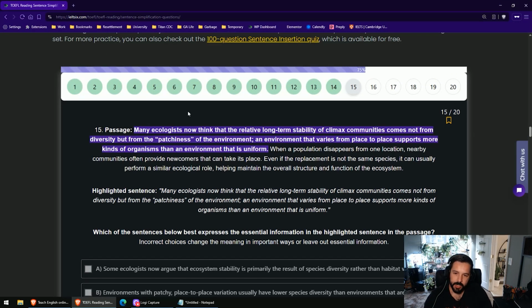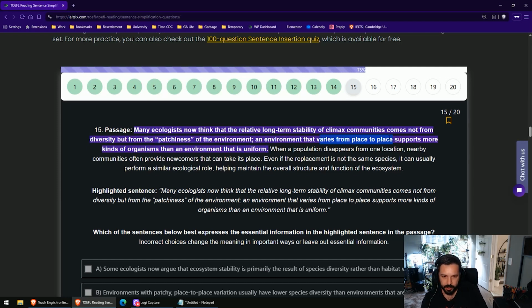Many ecologists now think that the relative long-term stability of climax communities comes not from diversity, but from the patchiness of the environment. An environment that varies from place to place supports more kinds of organisms than an environment that is uniform. Uni meaning one, form meaning shape. So all parts of it look the same. And the patchy environment varies from place to place.